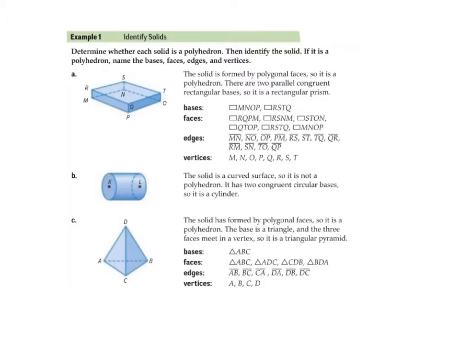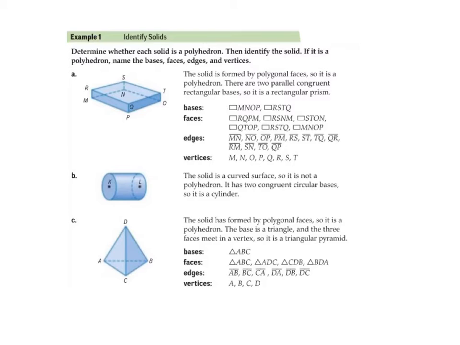So here we start in example 1, identifying solids. Well, in 3D shapes you identify the solid by the bases or base, and that is its normal 2D shape. It's not what it sits on. In fact, if you look at A, you've actually got what looks like a rectangular prism, but in this case, it's what it's sitting on.